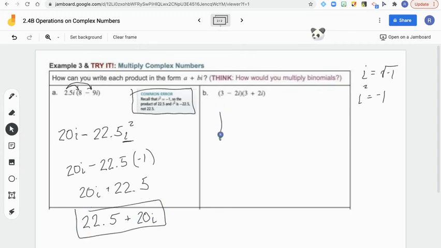I'm going to do a box method for this one. So I have a 3 and a negative 2i, a 3 and a 2i.